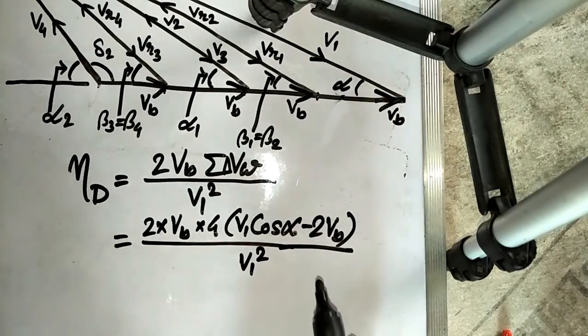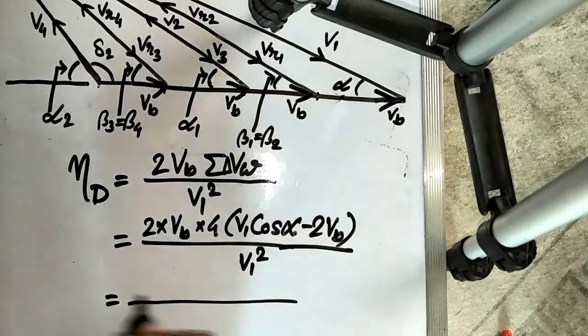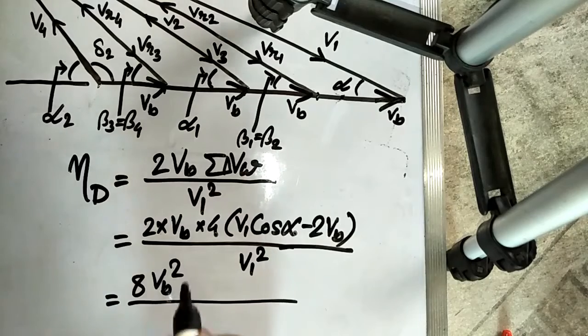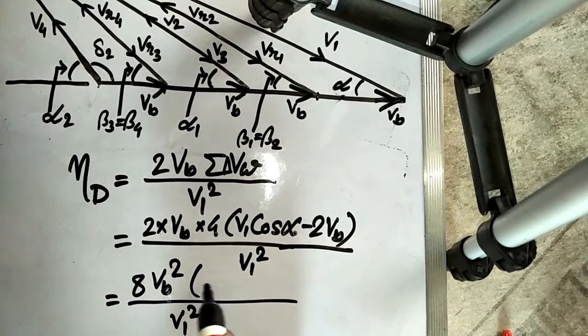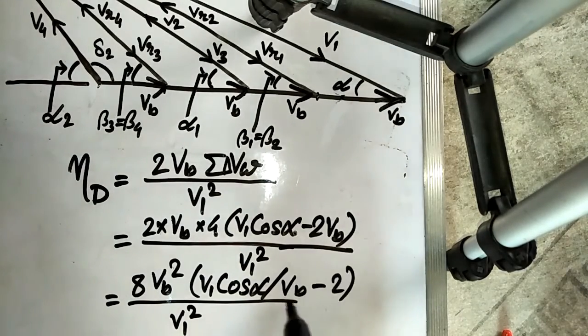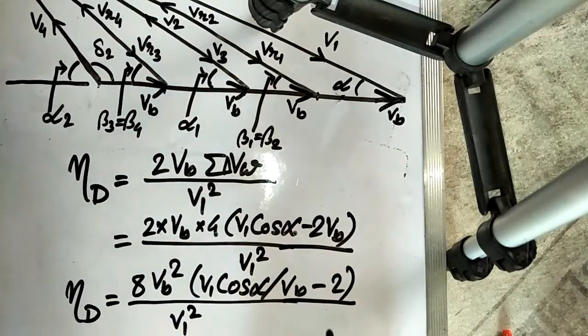Okay, so we can write 8 into vb square by v1 square into v1 cos alpha by vb minus 2. We can write the equation of eta d in this fashion.